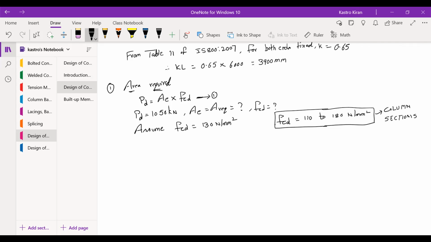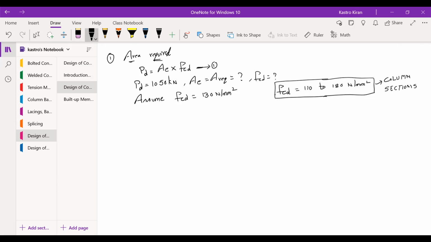You can also take 110, 175, 180, 160, any value. The condition is it should be between 110 to 180. Just remember that one. So I'm assuming the value of FCD as 130 newtons per mm square.